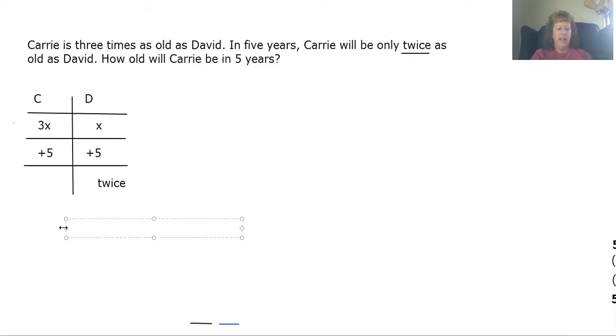So if I write out Carrie's side of the equation, she's 3x plus 5. And that's equal to David, who is twice, and this is where my twice comes in, it's 2 times the column x plus 5.